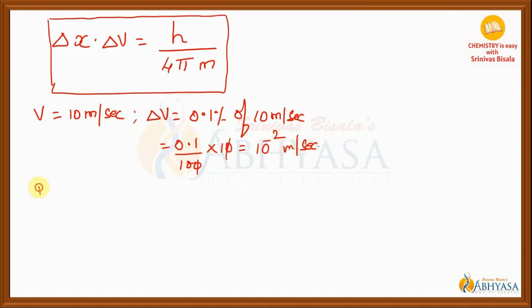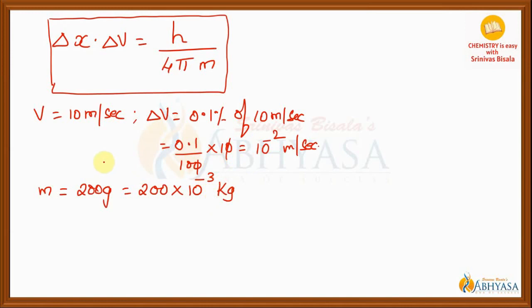Then it is given that mass is 200 grams, and as we are using the SI system, we need to convert this into the SI system as well: 200 into 10 power minus 3 kilogram. And this is a very important point in this topic.